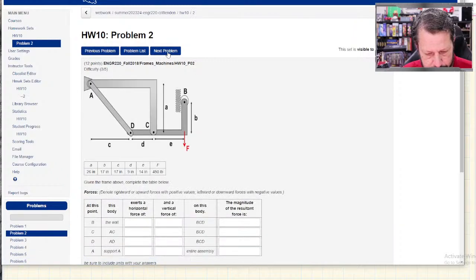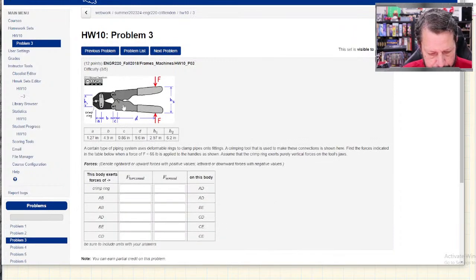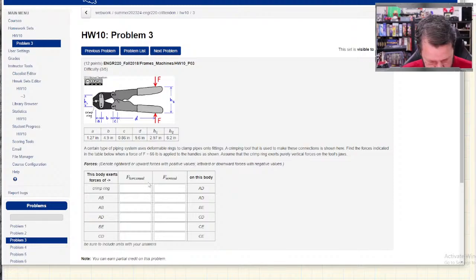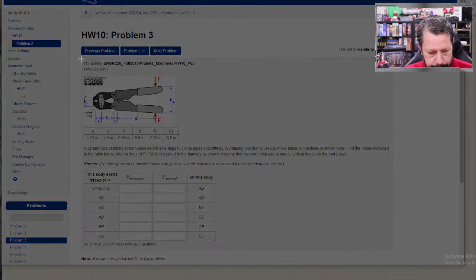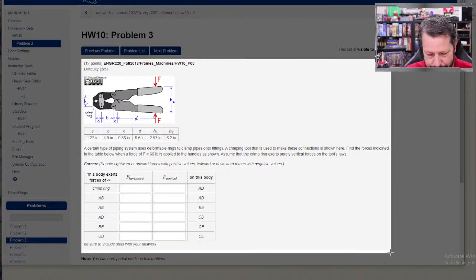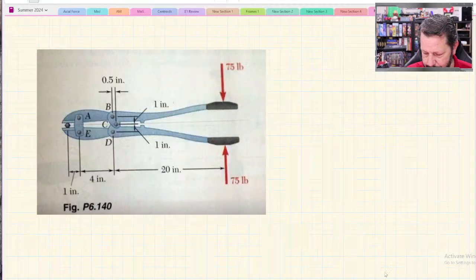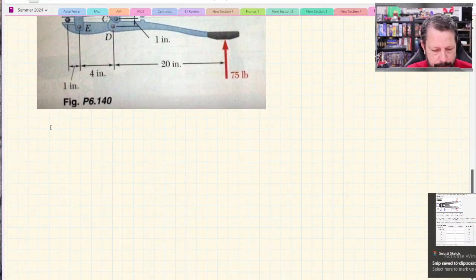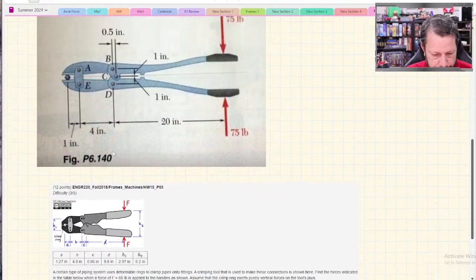So we do have some in here. Hey, there it is. That is almost exactly the same thing. Let's do this one since we have this one set up as a web work. And it does look like it's going to work exactly like the other one. Yeah, no, it's exactly the same problem, just a smaller picture.